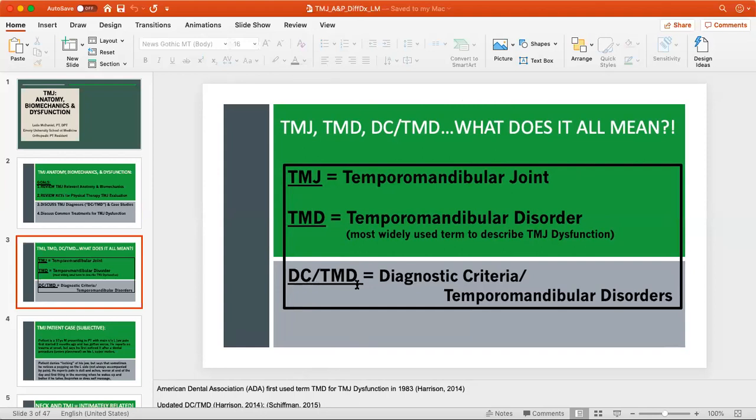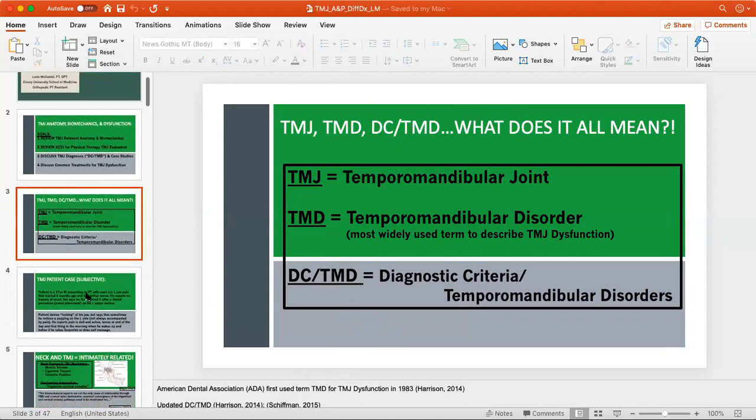And then DC-TMD is a very specific official diagnostic criteria for these TMD or temporomandibular disorders. So we'll be referencing and discussing diagnoses at this joint based on the most up-to-date that I'm aware of, DC-TMD criteria, and that'll give you a sense for how we talk about or how we categorize these disorders.